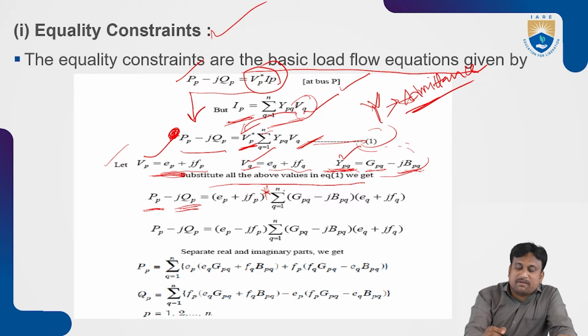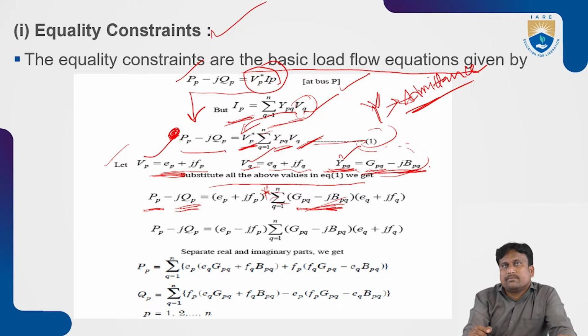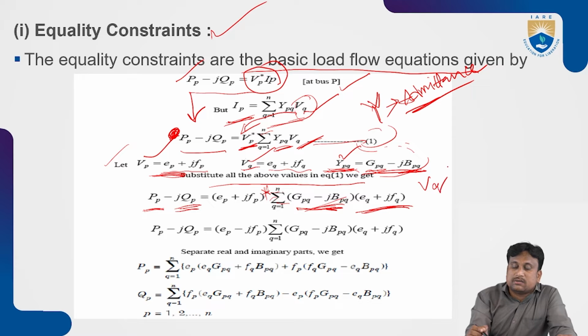After that follows the summation over q equals 1 to N of Gpq minus jBpq, which will be multiplied with Eq plus jFq, where this coefficient denotes Ypq, Ypq is Gpq minus jBpq, and this coefficient defines Vq.